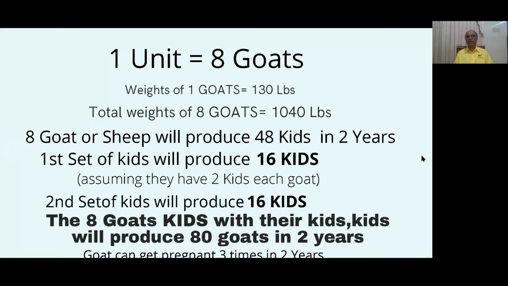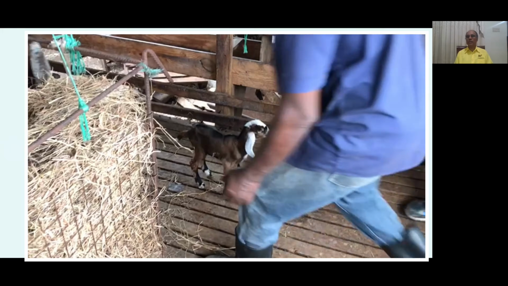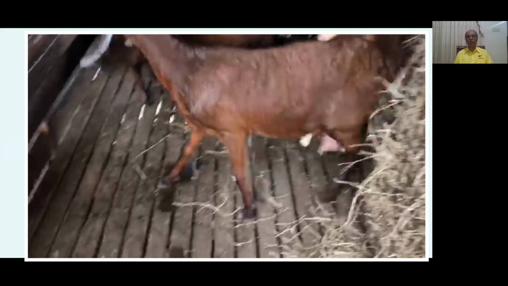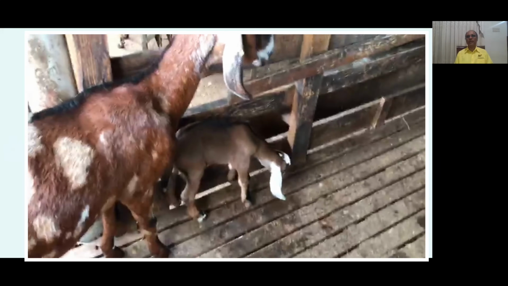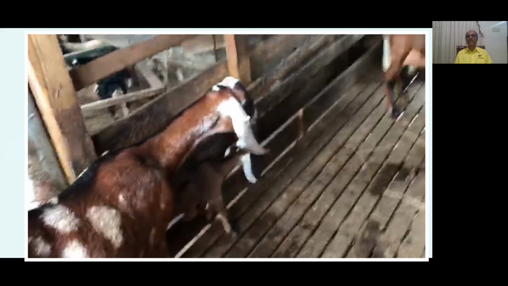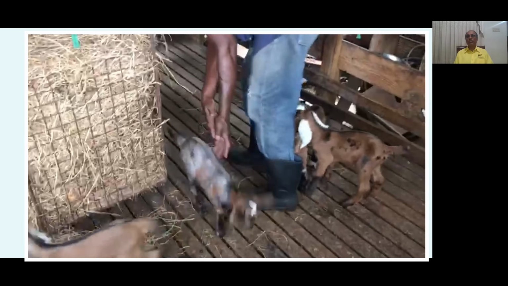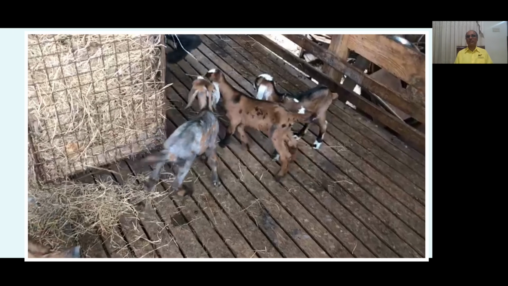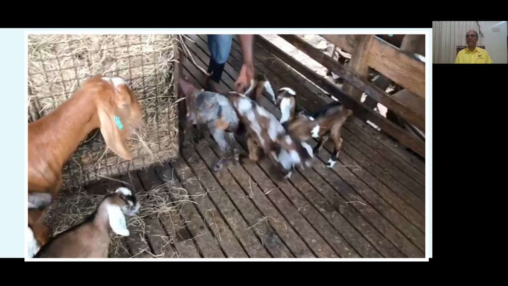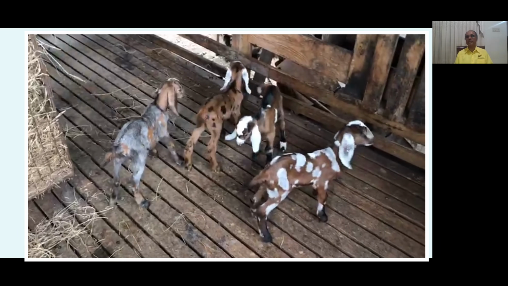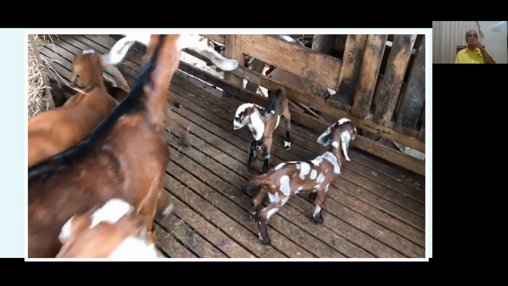Those 8 goats or sheep will produce 48 kids. I am assuming each goat has 2 kids, so that's a total of 16 kids every 8 months. A goat will produce 3 sets of kids in 2 years, so 16 plus 16 plus 16 is 48 kids.